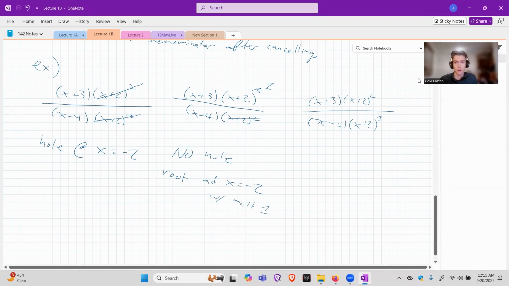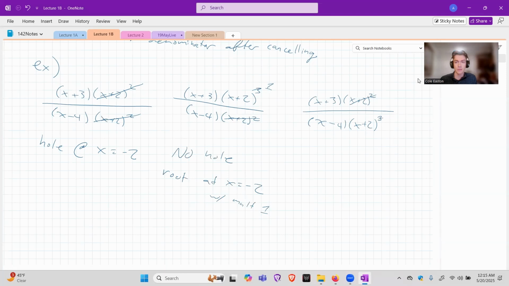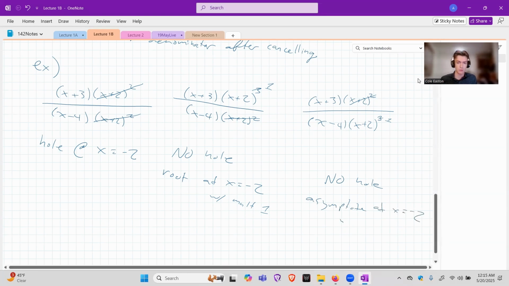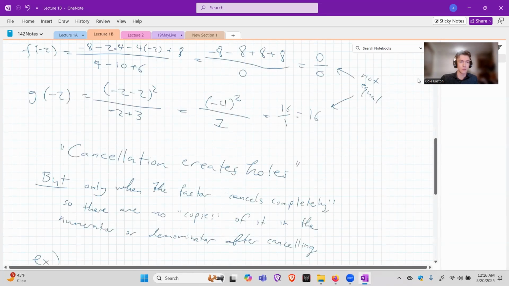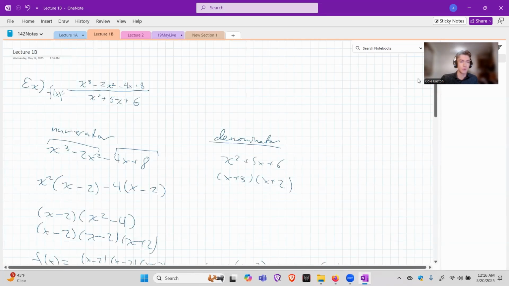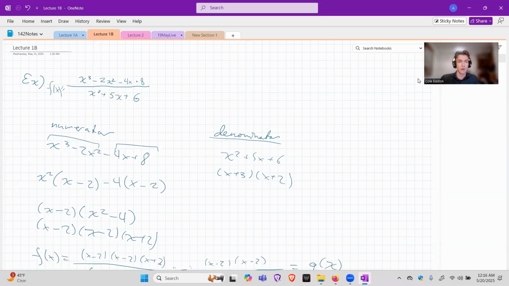Well, now we have a cubed in the bottom, so we lose all of them in the top, but we still have 1 left in the bottom. So once again, there is no hole, but there is an asymptote at x equals -2 with multiplicity 1. That was a little diversion, but let's go back to our function now, our f of x.